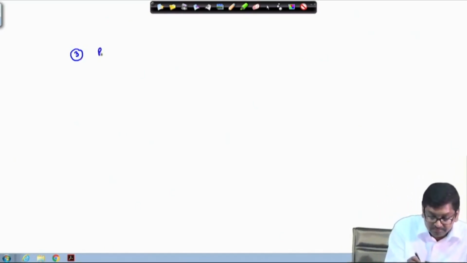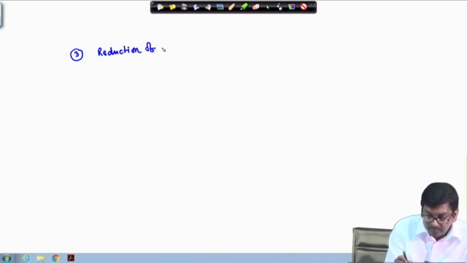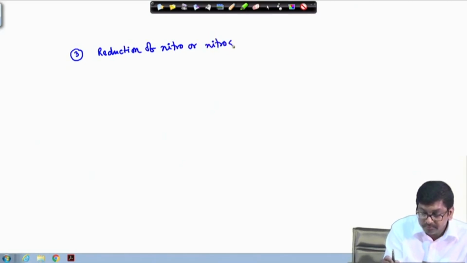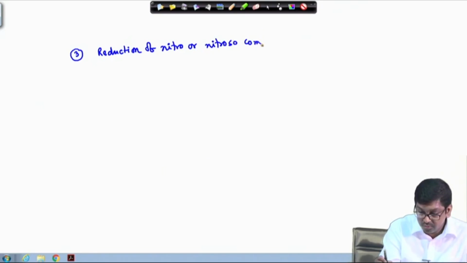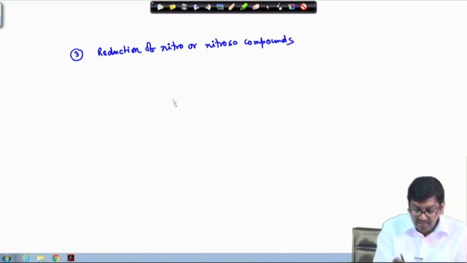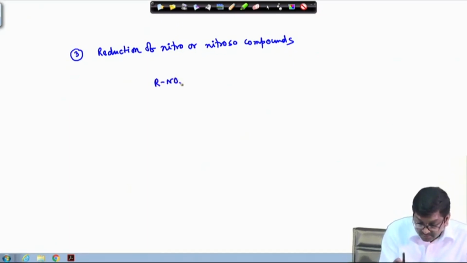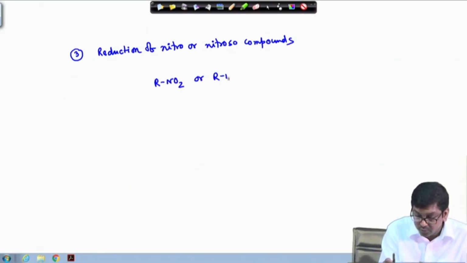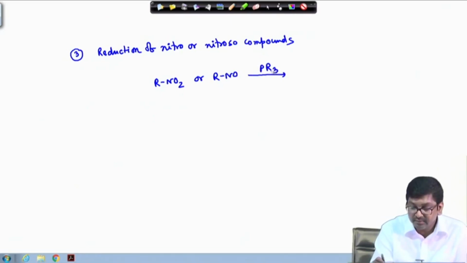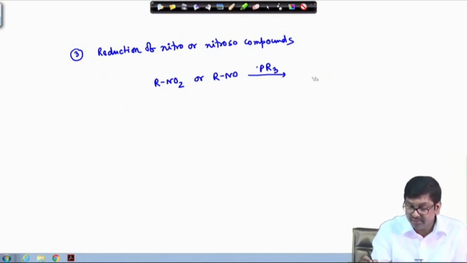So, reduction of nitro or nitroso compounds. For example, if we take this nitro or nitroso compound in the presence of some phosphines, this will give the corresponding nitrene.